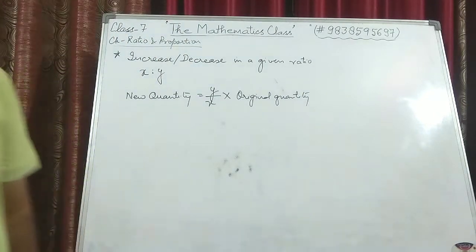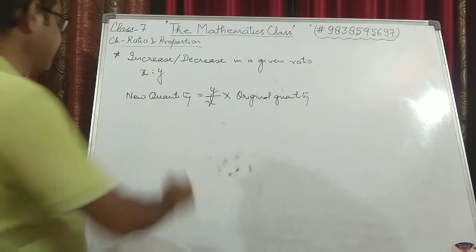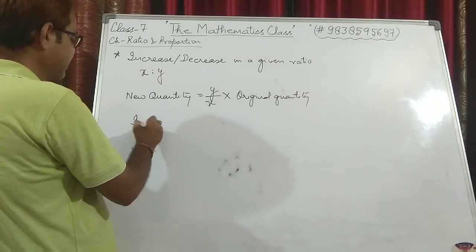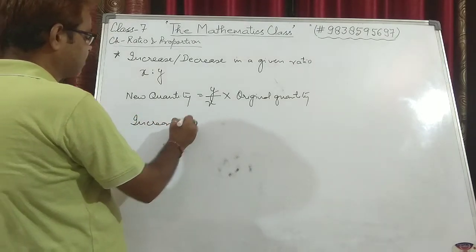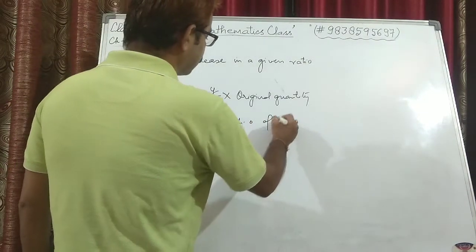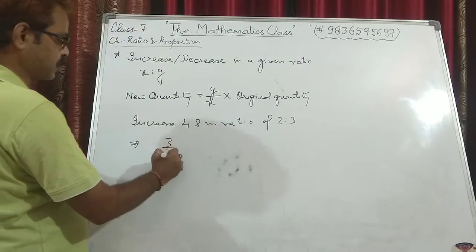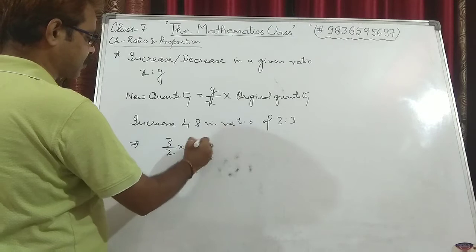Let's say increase 48 in the ratio of 2 is to 3. How are we going to solve it? 3 upon 2 into the original. The original was 48.